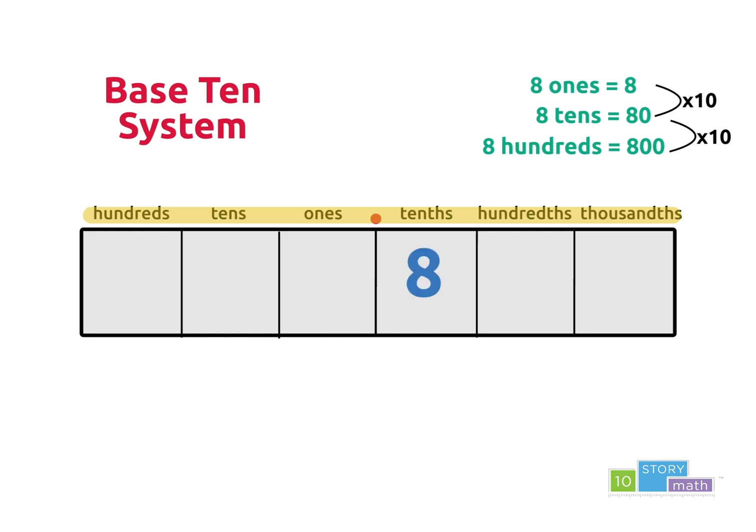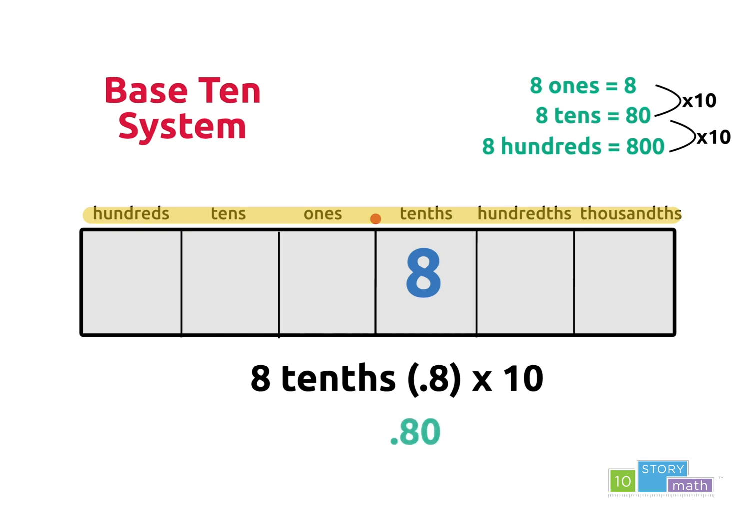Let's start with the 8 in the tenths place this time. And I want you to try to multiply this number, 8 tenths, written as 0.8, times 10. If you were simply to add a 0 at the end, your answer would equal 0.80. And that's not correct. In fact, the value didn't even change.